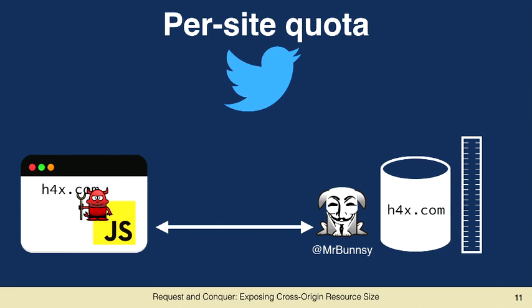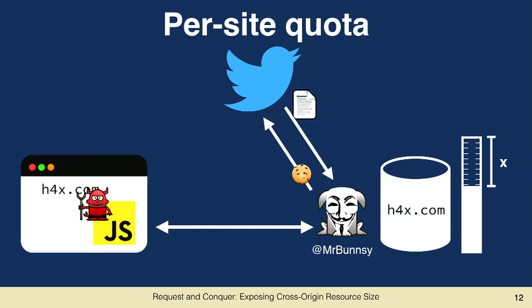The first step the attacker does, with this malicious JavaScript, is completely fill up the cache, his own cache, so the cache of hex.com. After that, he will remove a certain amount of bytes. Let's say that he removes X bytes. Then in the second step, he will send a request to Twitter, again this exact same request.